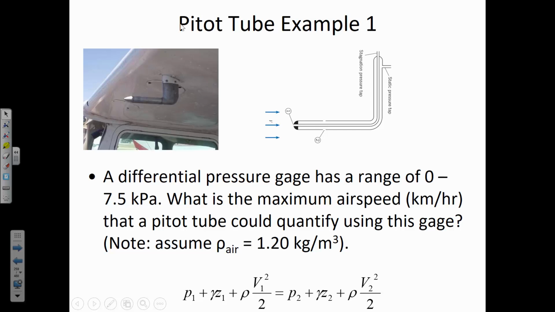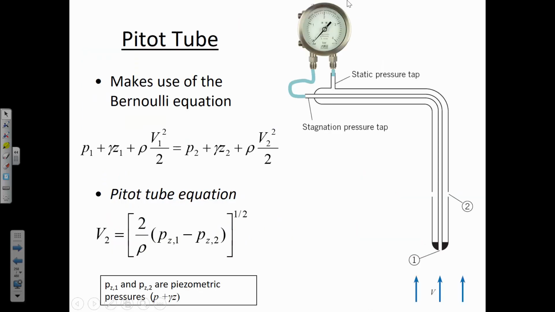So let's say that we have a pressure gauge like this connected to a Pitot tube, but look at this one. I don't know if those of you in the back can necessarily see it, but this gauge, just the image I found online, went from 0 to 4 bar. So the maximum pressure differential on this picture is 4 bar.